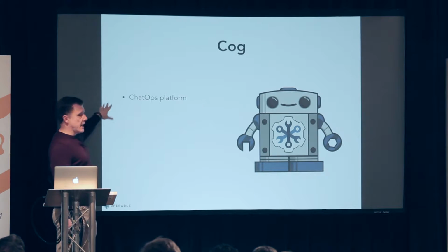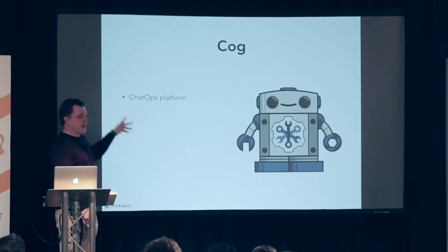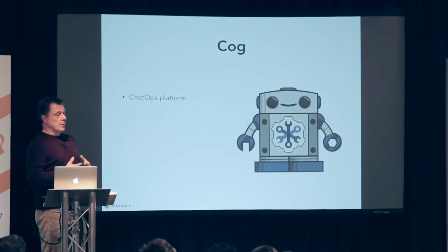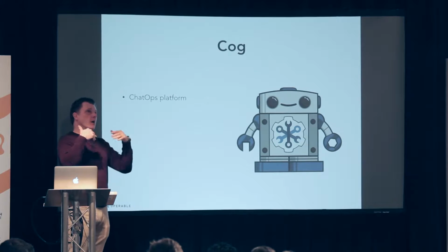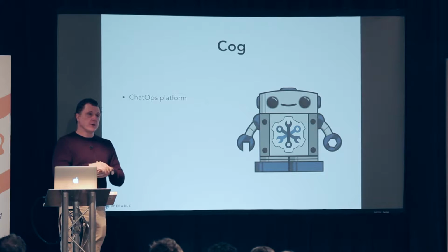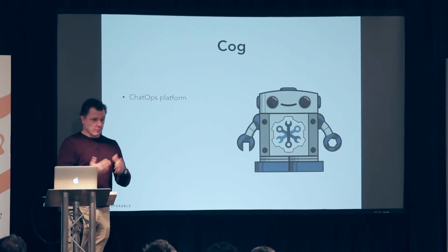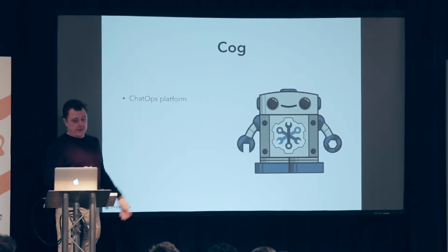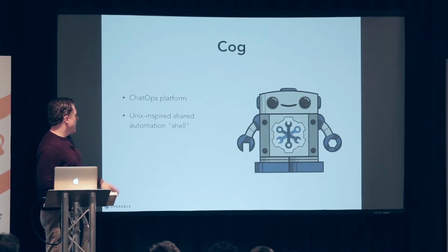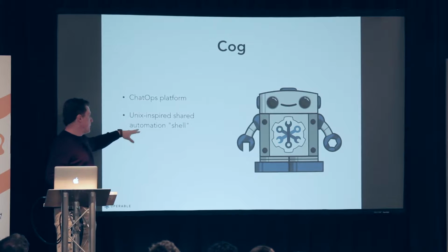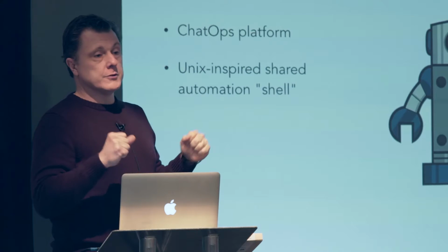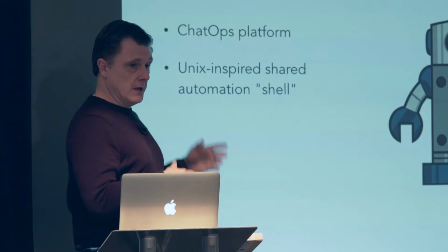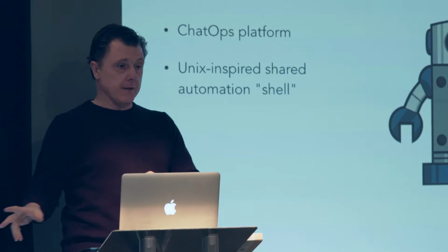So Cog is a ChatOps platform. We call it a platform, and it's not really a bot because it looks like a bot when you're interacting with it in chat, as you would expect from a ChatOps thing, but it's a lot more than that. It has a Unix-inspired shared automation shell. For folks who are familiar with Unix, you can pipe commands into other commands.